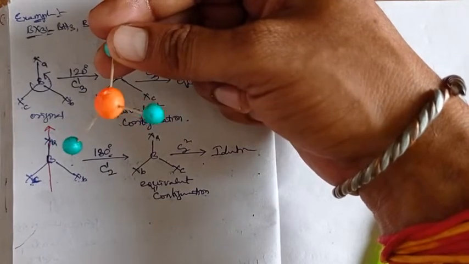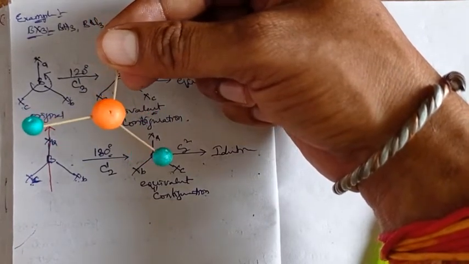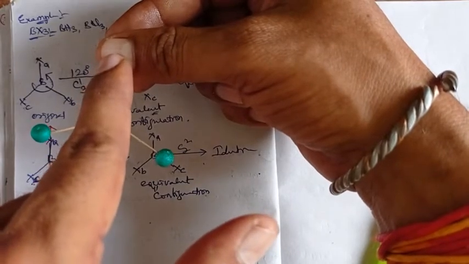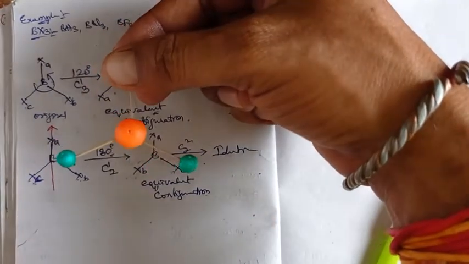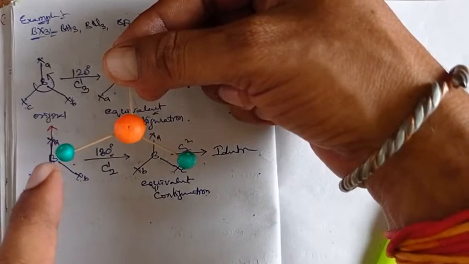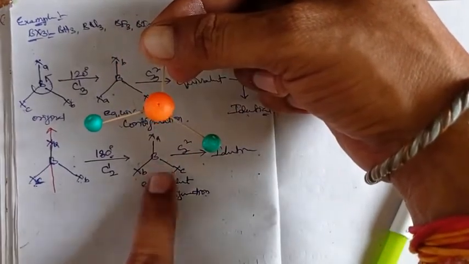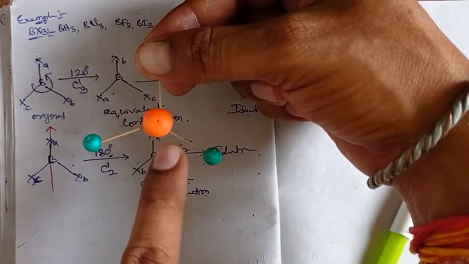While we do a 180 degree rotation, the boron atom and the Xa atom never change their position, but Xc and Xb get replaced, right? Like this.